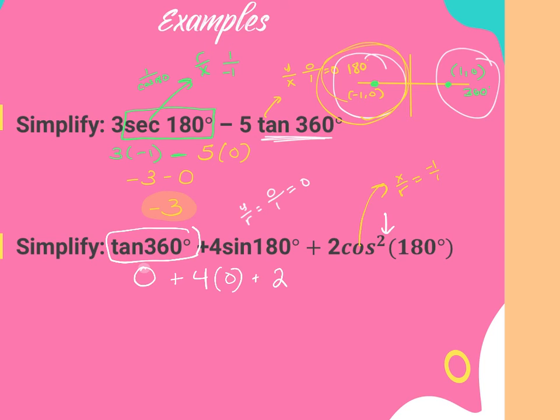Negative 1 over 1, which is negative 1. And then I square it. So even though the squared comes before the angle, we take the cosine and then we square it. So I get 0 plus 4 times 0 is 0. Plus 2 times negative 1 squared. 2 times 1, and that just ends up being 2.